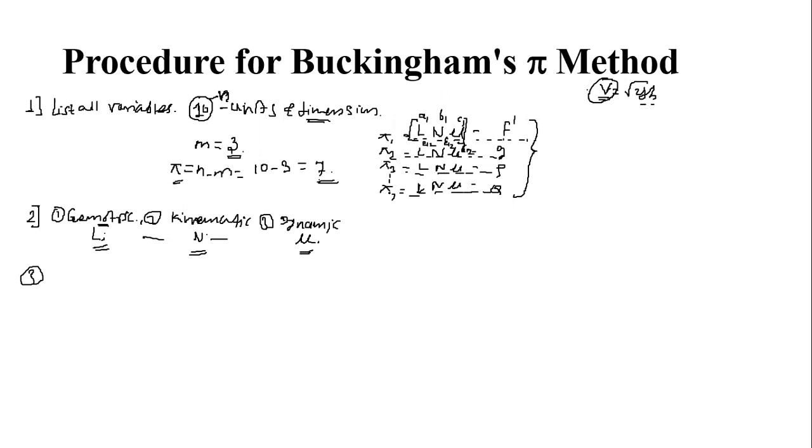Likewise, the last pi term will have the powers for the L as a7, n as b7 and mu will have the c7.